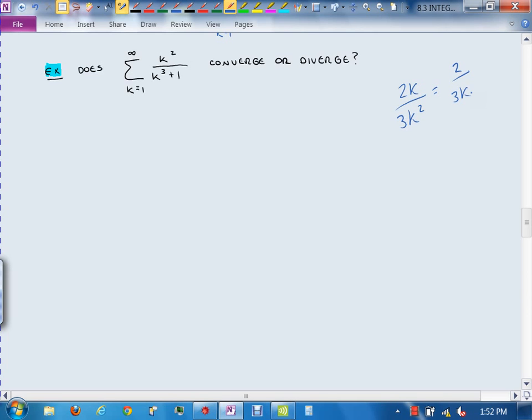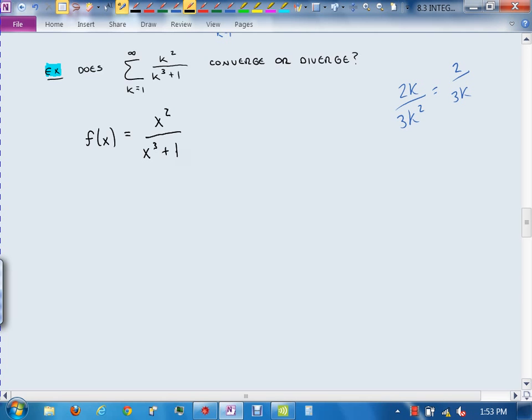So what do we need for the integral test? We need a function, right? I need to have a function f of x. That's basically my sequence with all my k's replaced with x's, right? Let me take a look at that function. What I need to make sure is that that function, first of all, is continuous on 1 to infinity.